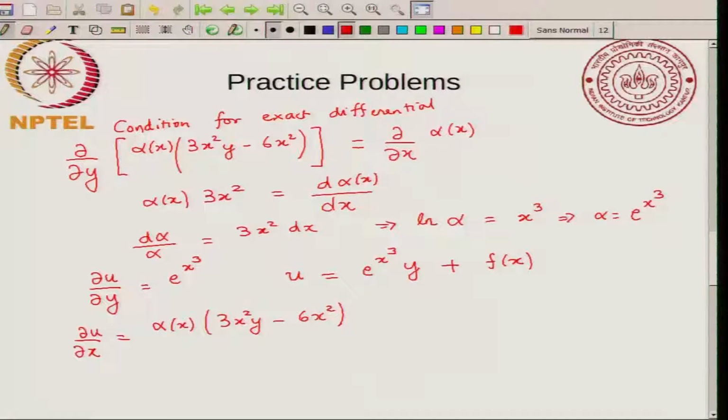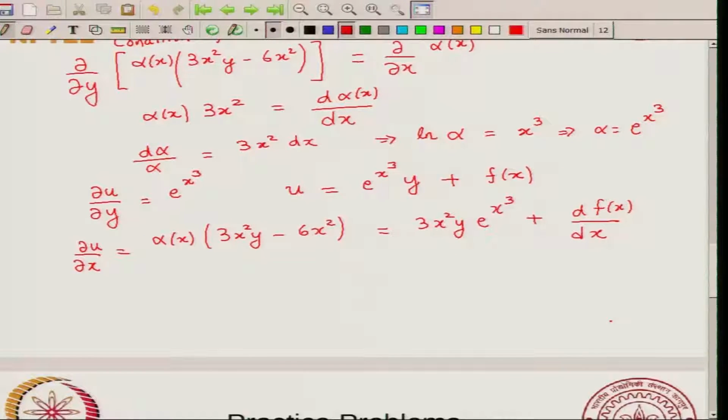Now, if you substitute this form of u, then dou u by dou x is nothing but the derivative of e raised to x cube, that is 3x square y e raised to x cube, plus df of x by dx. So, this is equal to this term here.